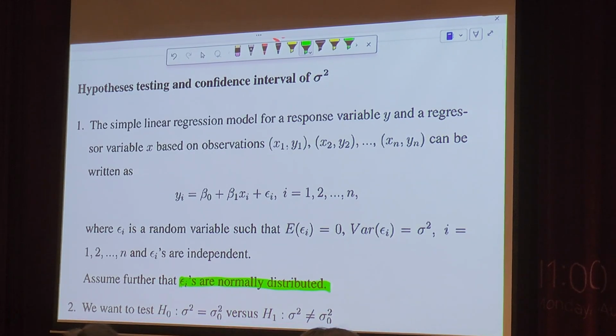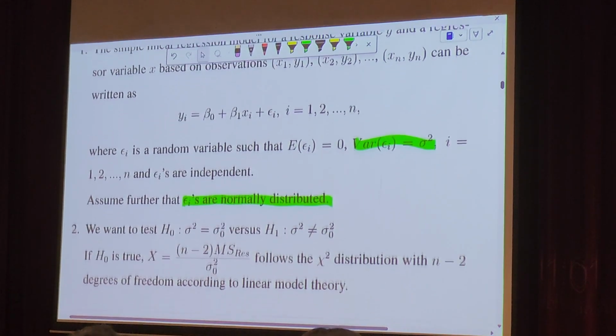So in order to construct a confidence interval for the variance of this error, called sigma squared, you need to make this assumption that the epsilons are normally distributed and independently distributed.